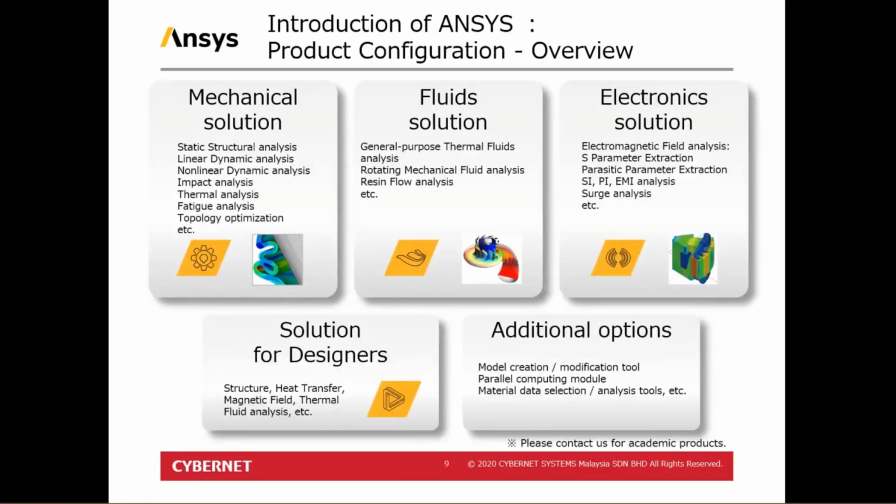And then some additional options, which include something like a parallel computing module, material data selection library, and so on. The one that we'll be focusing on today is the mechanical solution. Now, the analyses included under the mechanical solutions are static structural analysis, dynamic analysis, impact analysis, thermal analysis, fatigue, and so on and so forth.